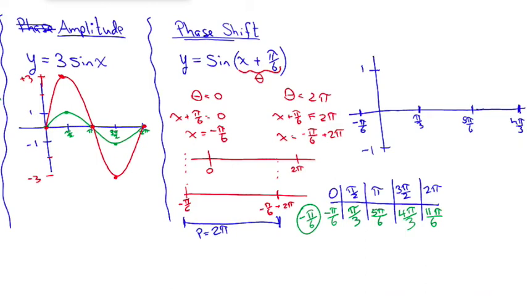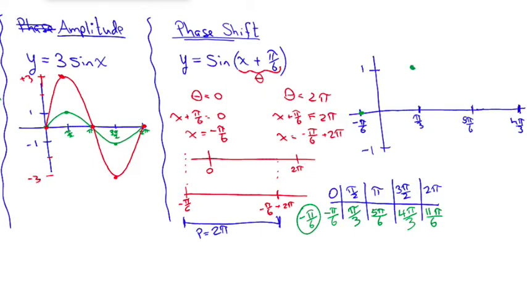So where does this graph start? I should have done a cosine. Darn it. That's all right. Where does sine start? At 0. Here at the origin? No, it's 0 at negative pi over 6. All right, then what? At pi over 3, you go up to 1.